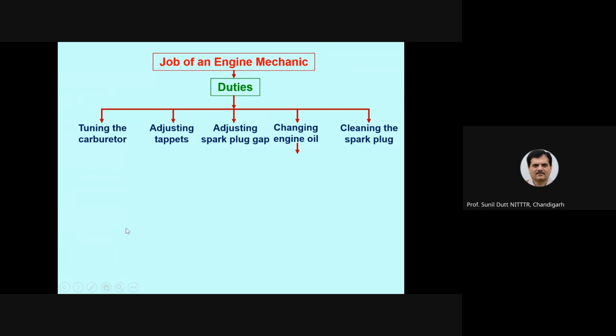Now, each of these five duties can be performed by carrying out various small acts. Tuning the carburetor, for this, what you are required to do. Adjusting the tappets, what you are required to do.